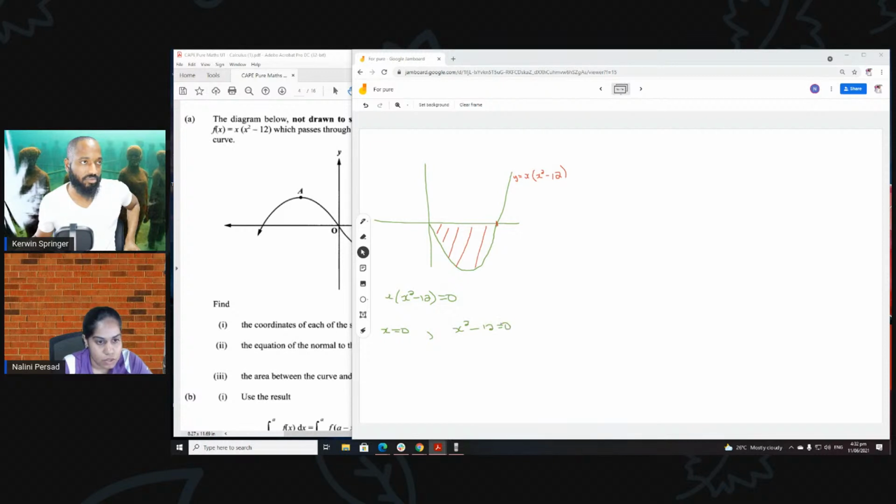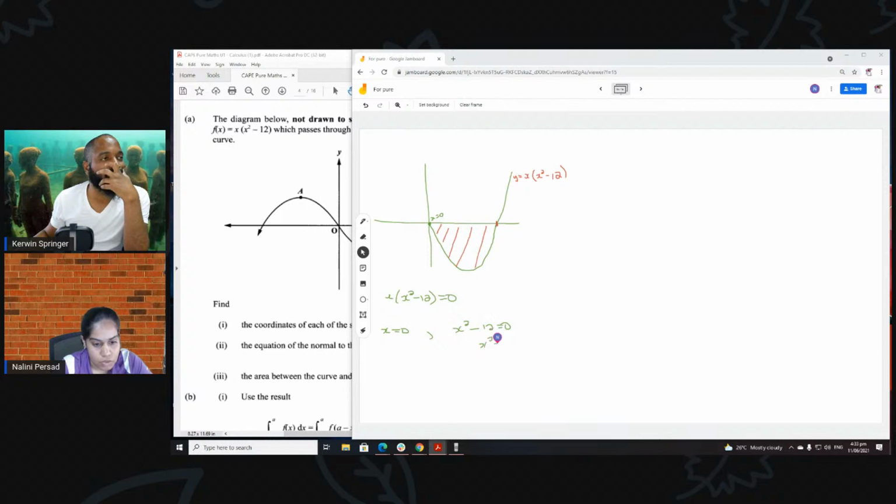Now, x equals 0 will be this point here. x squared minus 12 equals 0, you have x squared is equal to 12, so x is equal to plus or minus the root of 12. So this would be negative root 12, and this would be positive root 12. So we're going to find the limits between 0 and positive root 12.